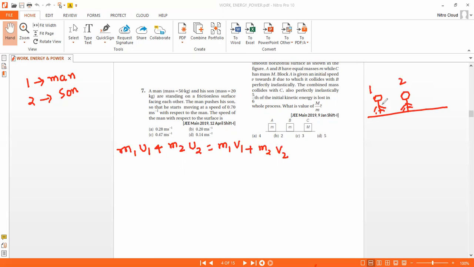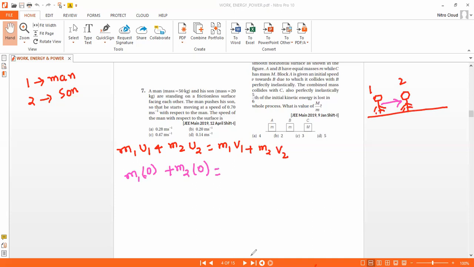The man pushes, so the separation distance between man and son is very small. Before collision, both are at rest, so m1 into 0 plus m2 times 0.